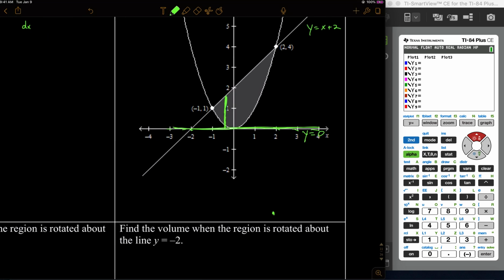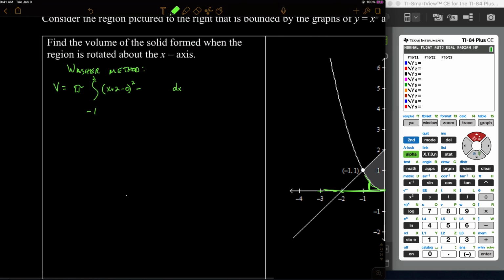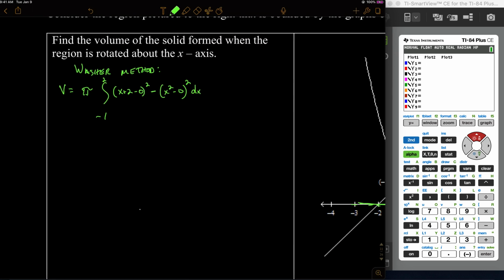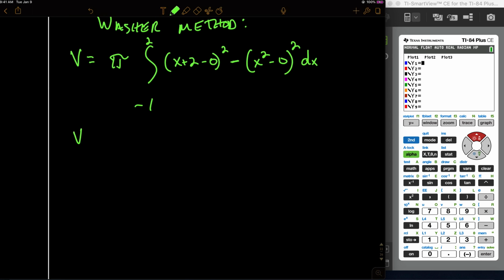And if I look at the picture, that radius will be this distance here, which is the inner function to the axis of symmetry. And this equation is y equals x squared. So the small radius will be x squared minus 0 squared. We're going to integrate that. Let's practice integrating without our calculator and see what happens.